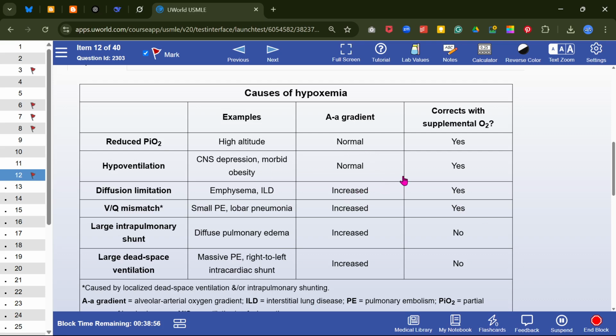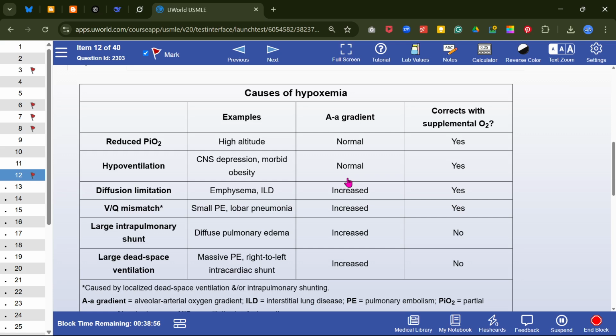Okay, do you want me to read the box? Okay, reduced inspired oxygen, reduced PiO2, may be due to high altitude, and hypoventilation happens due to CNS depression or morbid obesity. In these two cases, AA gradient is normal, and supplemental oxygen corrects the condition.